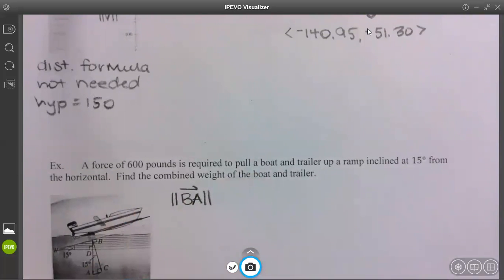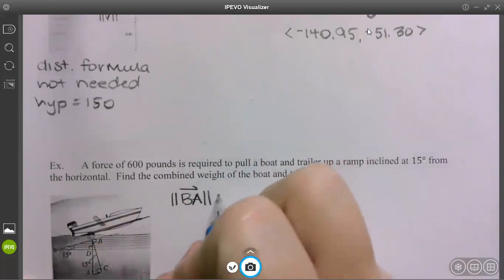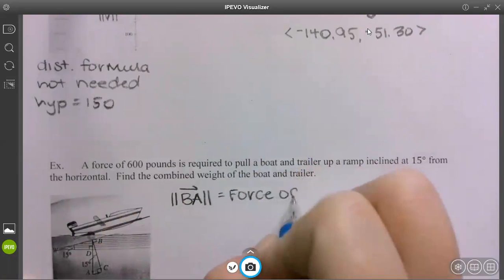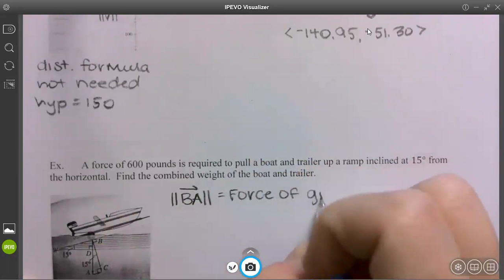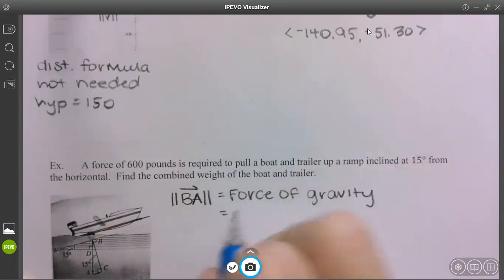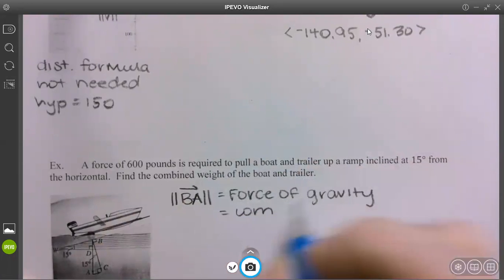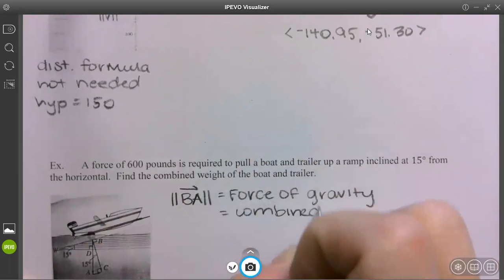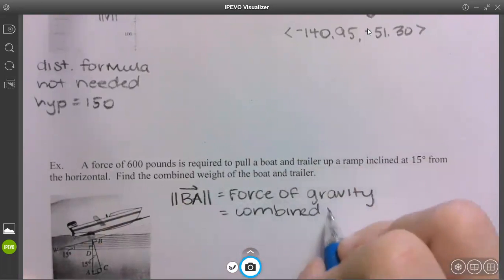The magnitude of BA, so you guys see B and A, equals the force of gravity, which equals the combined weight of boat and trailer.